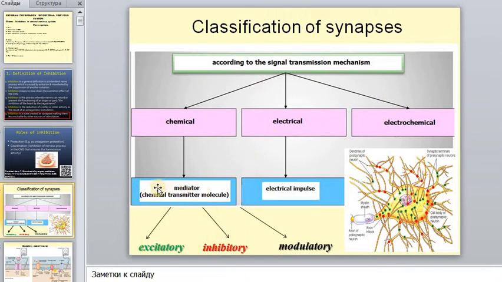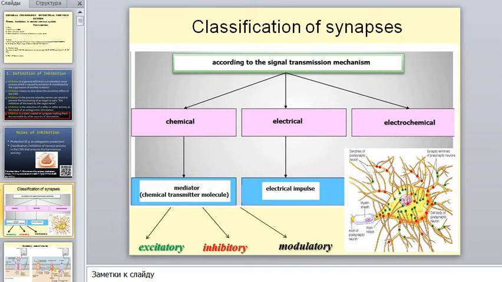The mediator, the chemical transmitter molecule from the chemical synapse, can be an excitatory molecule, an inhibitory molecule, or a modulatory molecule. It depends on the structure of the synapses and the receptors on the surface of the postsynaptic membrane.